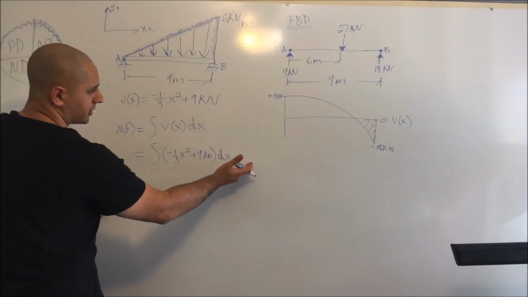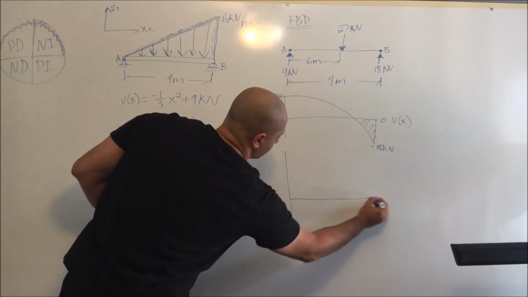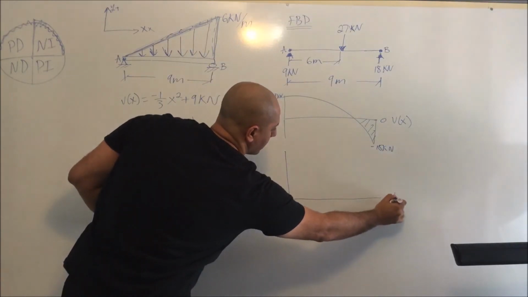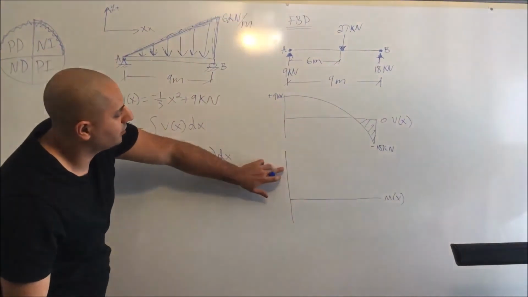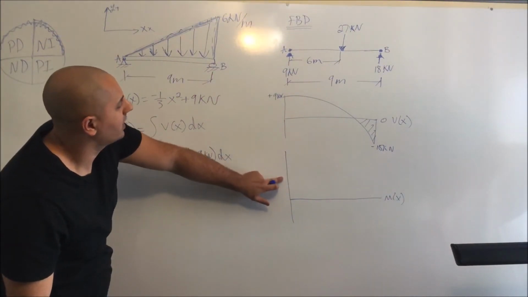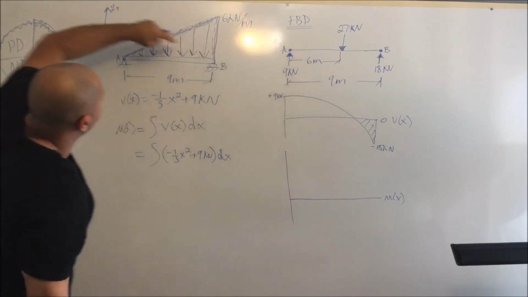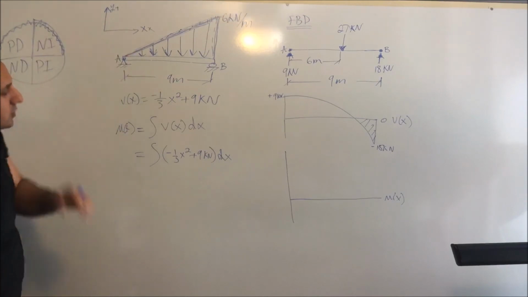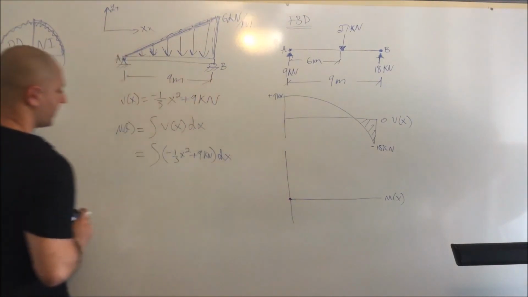And then you have to consider, here's my moment. You have to consider if there are any points that intercept the y-axis. In our case, we solved it according to our free body diagram. We don't have any moment, so we know for a fact our initial point will start out at 0. Okay?